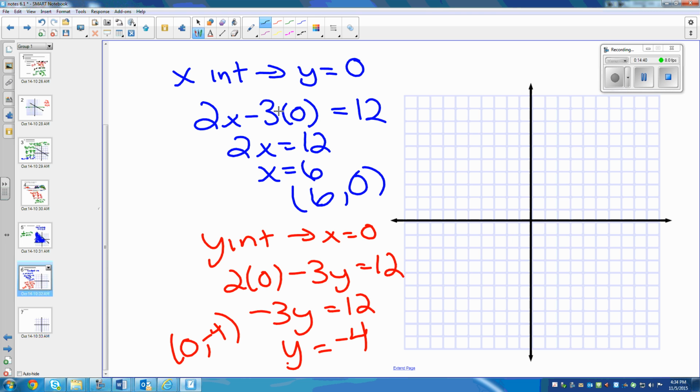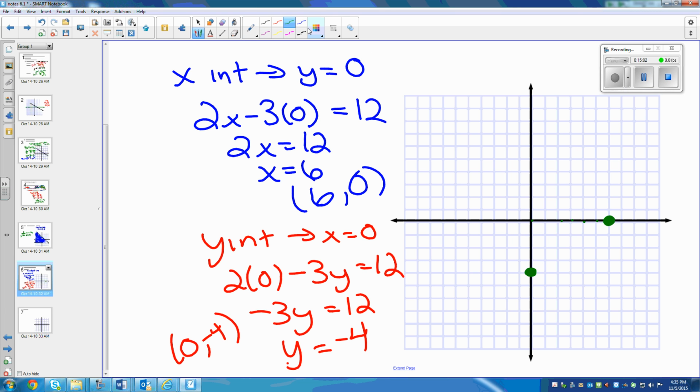Then you put the two dots on your graph here. 6, 0. 1, 2, 3, 4, 5, 6, and 0 in height, and 0, negative 4, and then down 1, 2, 3, 4, right here. We need a dotted line because it's not equal to.